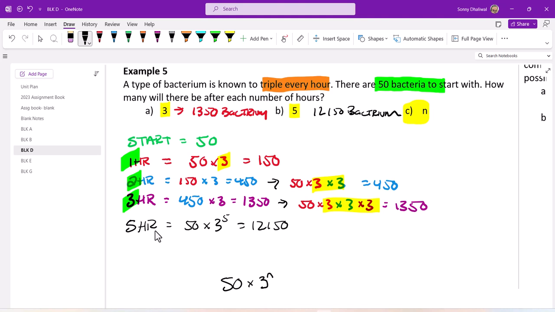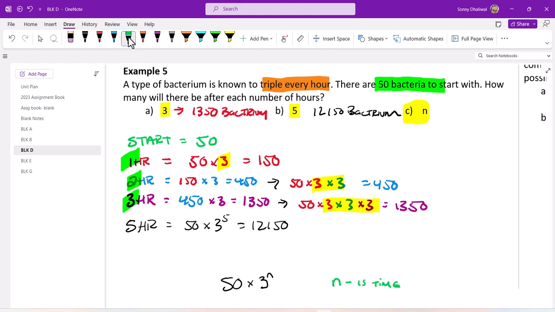Excellent. So now, this is our general formula. 50 times how many 3's we have, where n is time. Okay? N is time. And that's a general letter we use for time, is the letter n. So after 1 hour, n is 1.